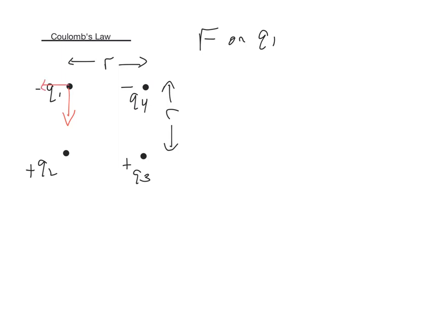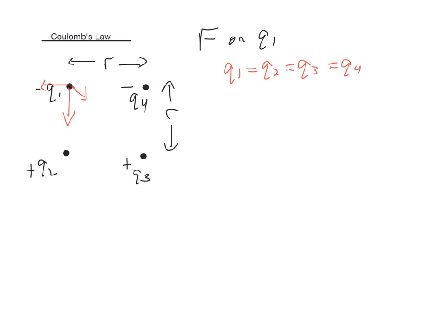And if we say that all of the charges are the same, then the force from 2 on 1 is going to be the same magnitude as the force from 4 on 1. Now Q3 is going to attract Q1, and that is going to be less force than the other two because it's at a farther distance away.